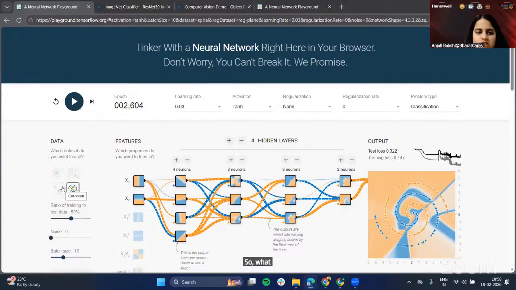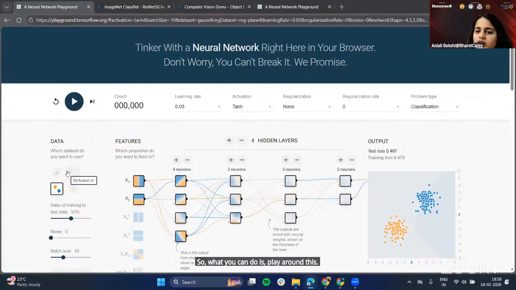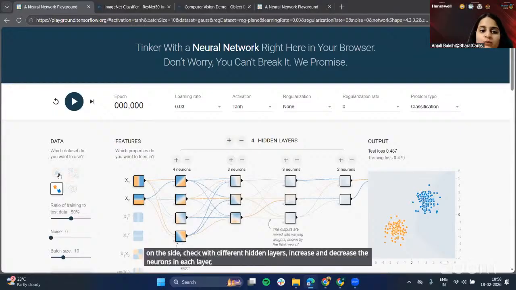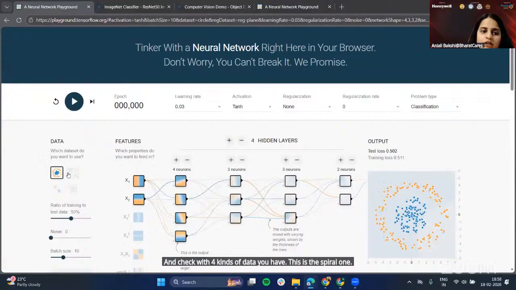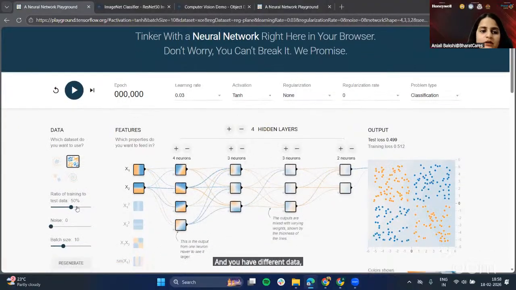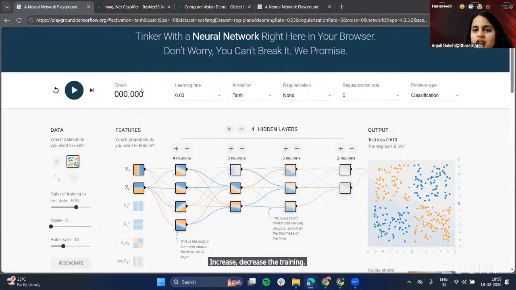So what you can do is play around with this on the side, check with different hidden layers, increase and decrease the neurons in each layer, and check with the 4 kinds of data you have. This is the spiral one, and you have different data. Check with it, increase and decrease the training-testing ratio, and see how it is working at the back end, right?